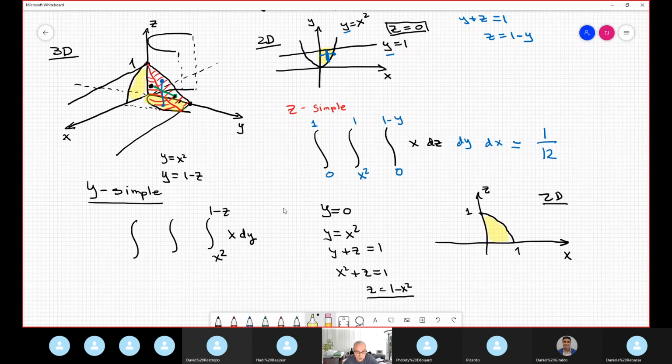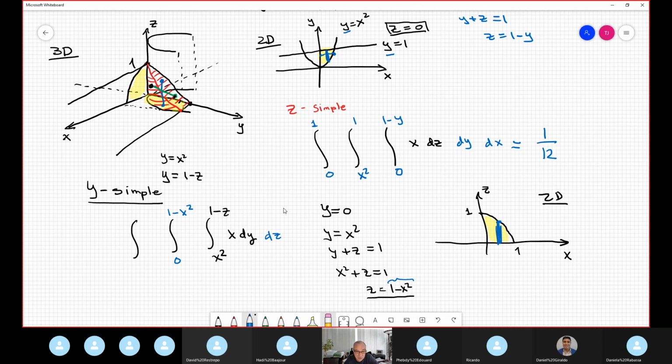Suppose que you integrate in this direction. Well, in this direction is dz. And dz goes from 0 to the z of this curve, que es 1 minus x squared.